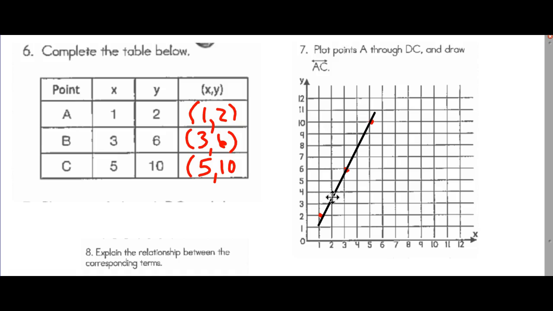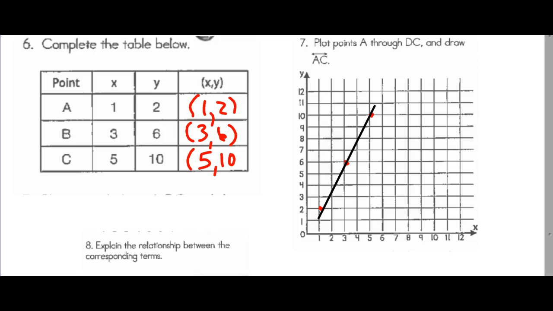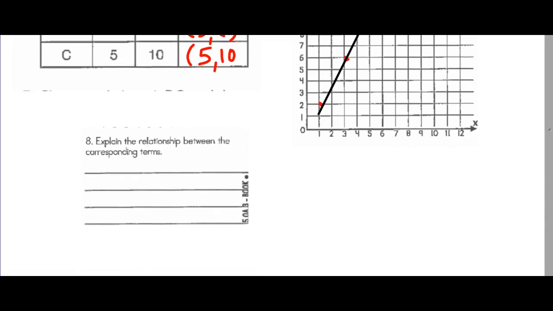Now that we have that graphed, we need to look at what is the relationship between those corresponding terms. What's happening between X and Y? That's question 8. Question 8 says, explain the relationship between the corresponding terms.